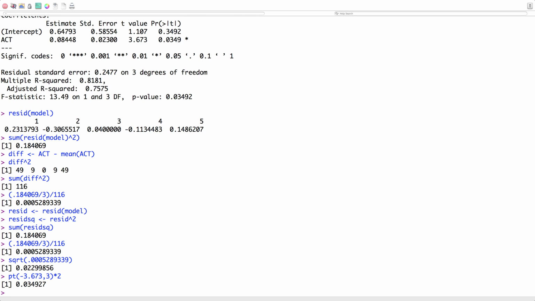And I get my p-value of 0.034927. We're off a little bit, but okay, it's fair enough up here where I'm highlighting. Rounded to 4 places, we get the same value.